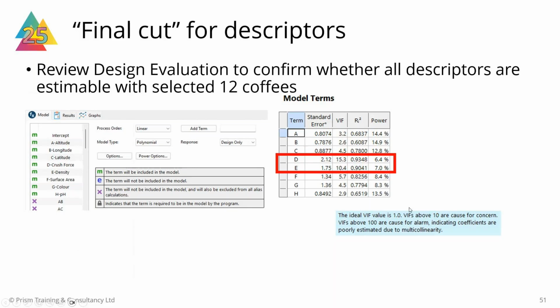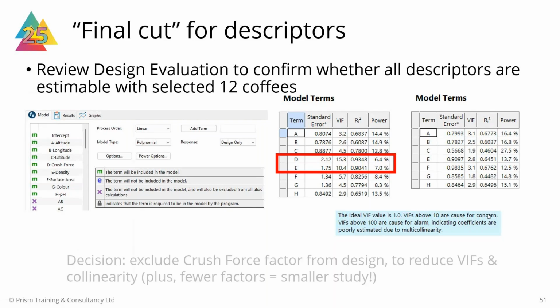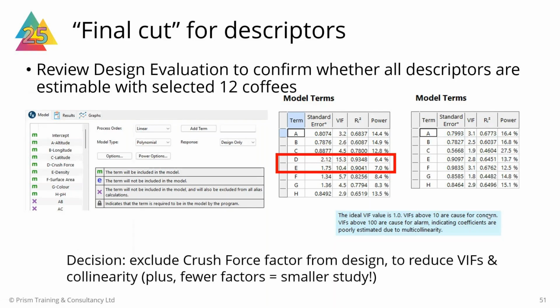10. So with a little tinkering, a little trial and error, what I found is if I just remove factor D, which is the crush force factor, then all the remaining VIFs drop down much, much lower. So if I accept that I can't really assess crush force as part of my analysis, then that felt like a pretty good trade-off to me. I won't have to estimate and assess the crush force for all my coffee beans.